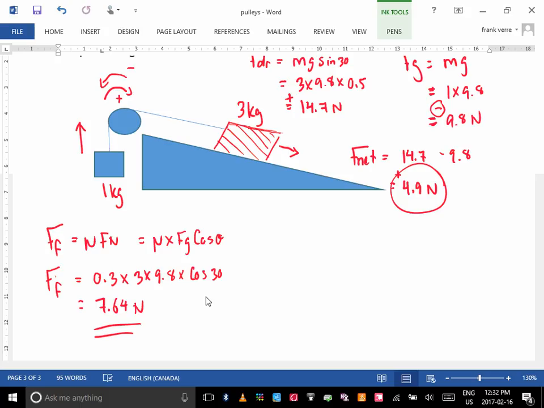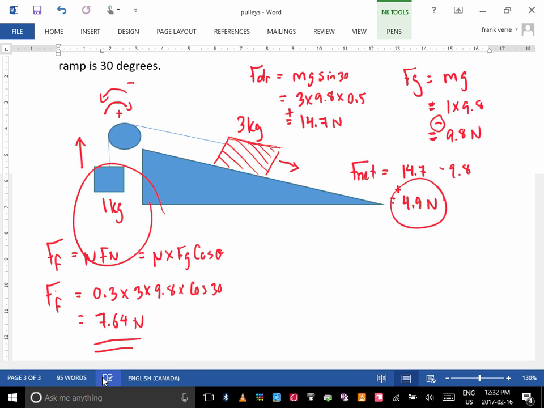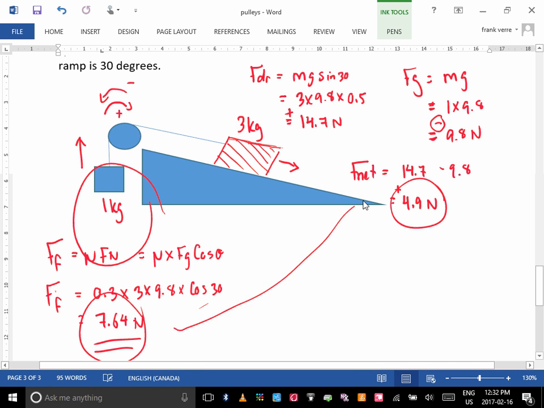So right now, if we took away friction, which way would this system move? Down the ramp. With friction, guess what happens? It doesn't move. Because this value is greater than this value, the system doesn't move. Why don't we end there, and when we come back, we'll talk more about questions like this, okay?